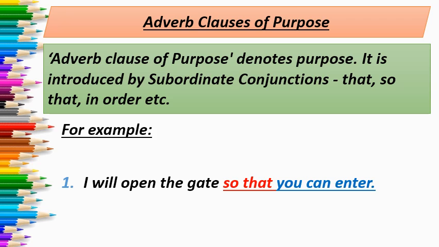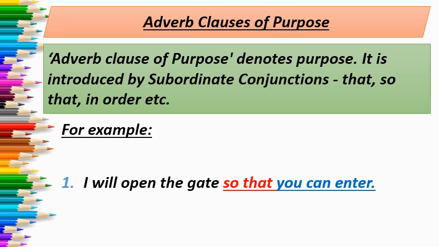As I have told you that if we ask the question for what purpose from the verb in the main clause, and you are getting the answer, then that particular clause will be considered an adverb clause of purpose. So here I will open the gate is the main clause, and what is the verb here? Will open. So let us put the question.